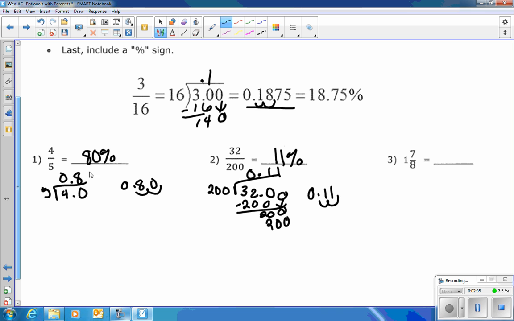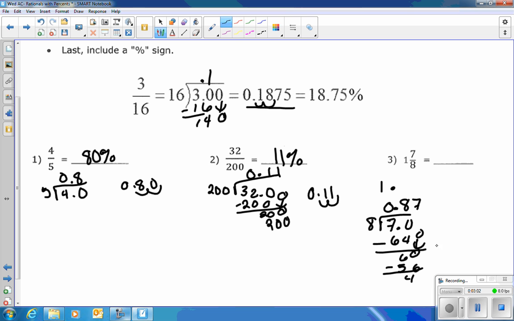On the next one, it's going to be 1 point something. So this is going to be 8 divided into 7. 8 does not go into 7, but it does go into 70. 8 times 8 is 64. You have 6 left over. 8 goes into 60 7 times. That's going to be 56.